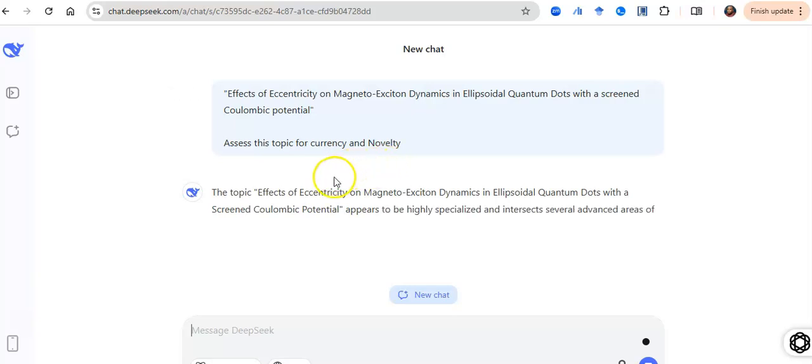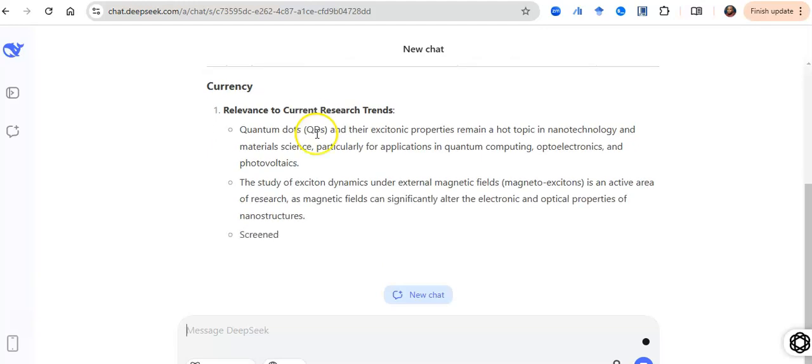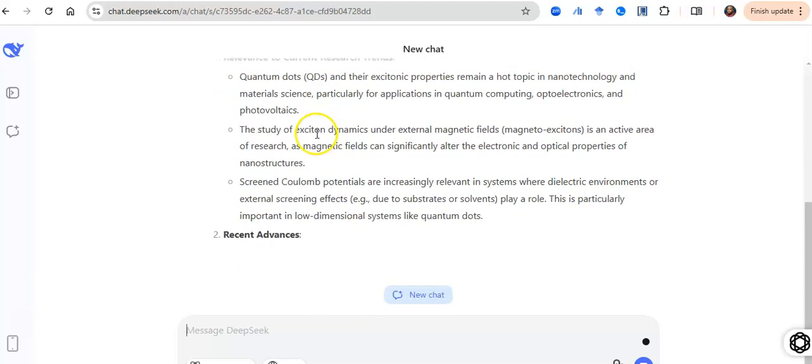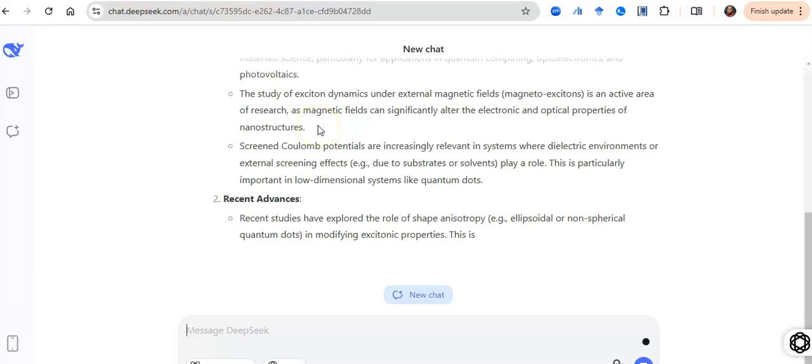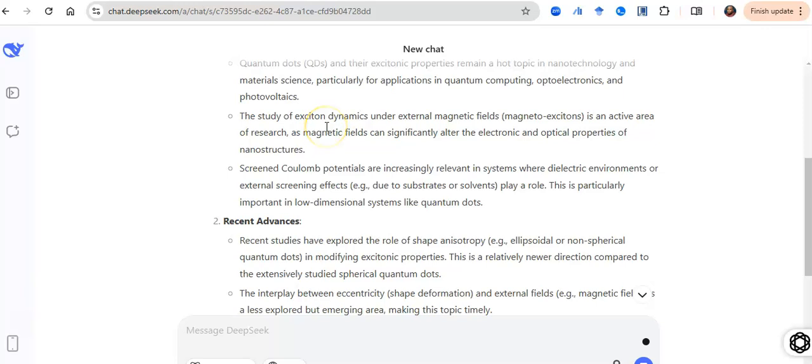And so this model is going to tell you, wow, this topic is current, this topic is novel, this topic has all the attributes of researchability. And so it is saying, oh, quantum dots and their excitonic properties remain a hot topic in nanotechnology, and the study of exciton dynamics under screened potentials is an active area.